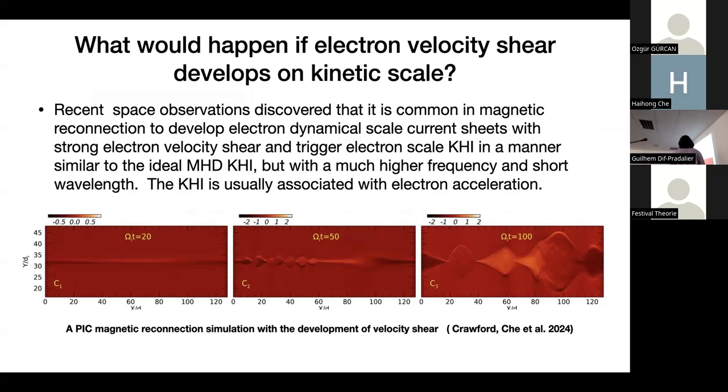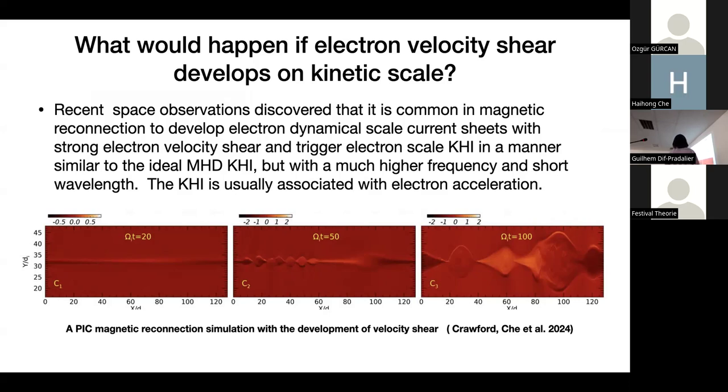So if we think deeper, what would happen if we have a velocity shear on kinetic scale, especially on the electron dynamic scale? Do we have a similar Kelvin-Helmholtz instability on kinetic scale?